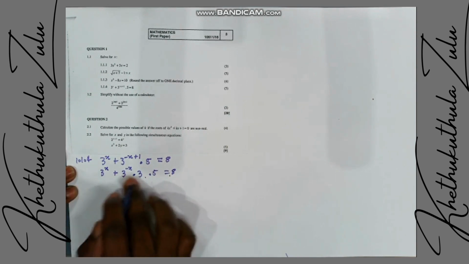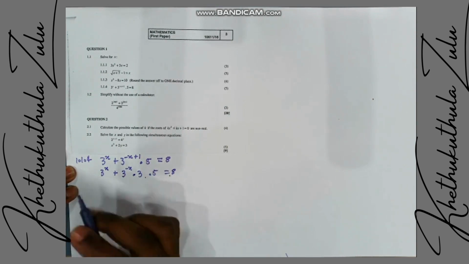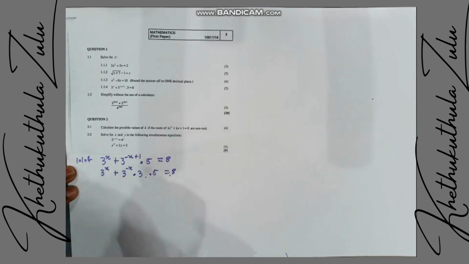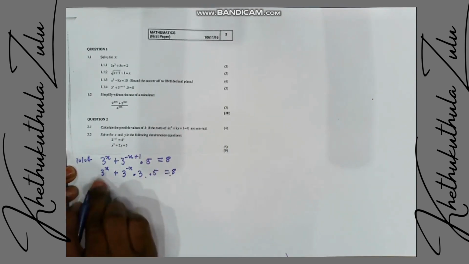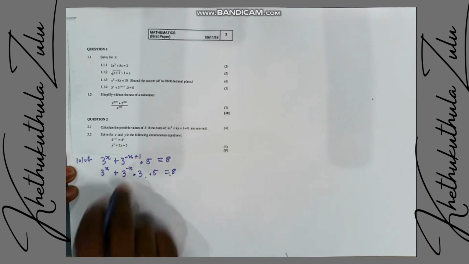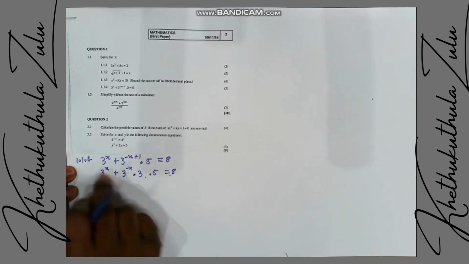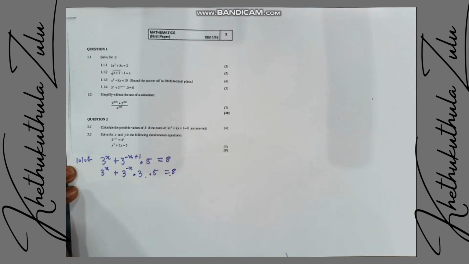We're separating these two, same base, we add the exponents, negative x plus 1 is just going to be the same as this. Then after that, because this now is not the same as this, there's nothing we can do, because we need to at least have both of them be the same.